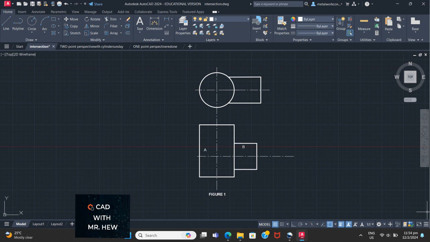All right, so here we have it in the plan. We're going to do the same thing below now. So we'll go line. These are construction lines.